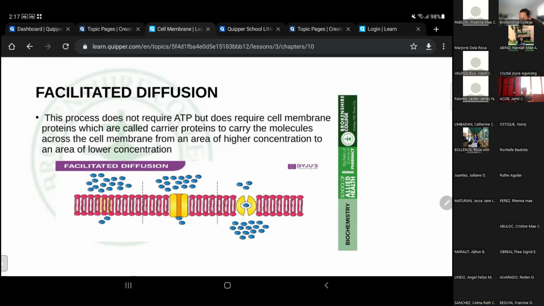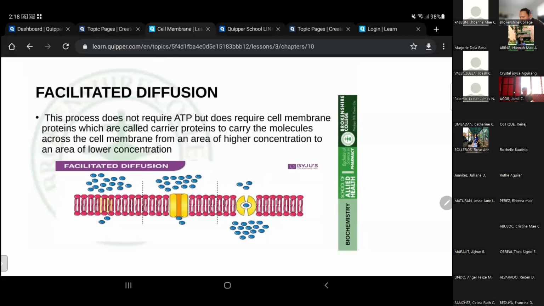As you can see here, in the third one, the rightmost part, the molecule is a circle, and the configuration of the channel is also a circle. So it enters the cell more easily. That is facilitated diffusion with the help of membrane proteins, integral or peripheral.